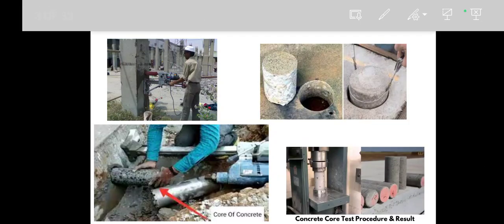Regarding non-destructive testing, generally whenever we want to know the strength of any structural member, at the start they may tell us to go for M20 grade of concrete.